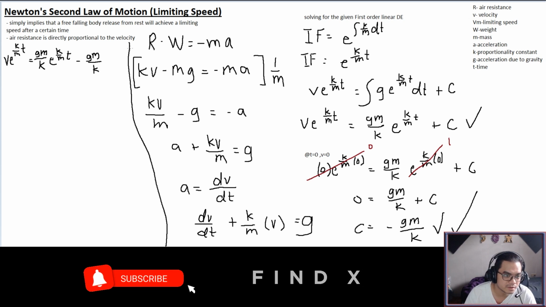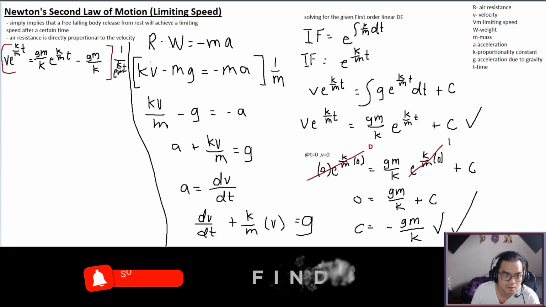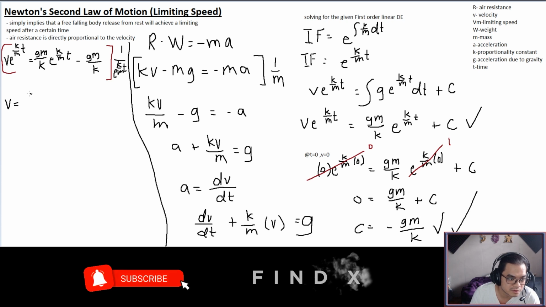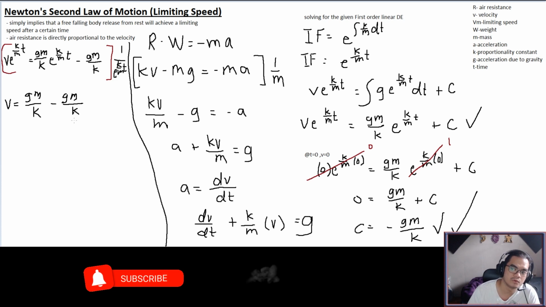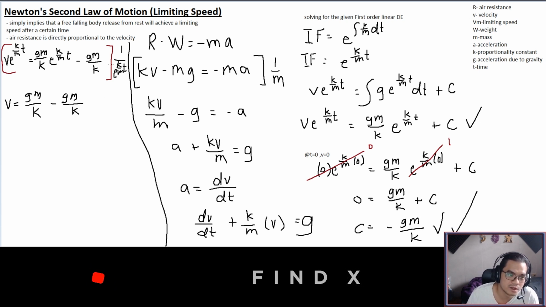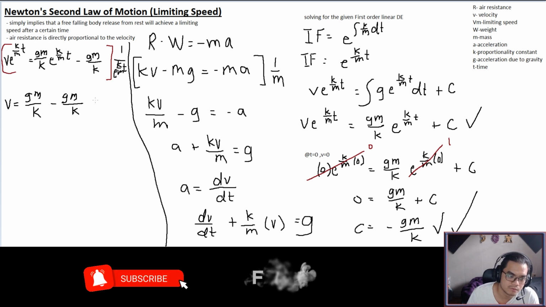Okay, so divide everything by 1 over e raised to k over mt. Okay, and then next, dividing everything, we will be left here with just v equal to gm over k, and this will become negative gm over k over e raised to k over mt. But what I will do is bring it up, so the exponent of the e raised to k over mt will be negative.